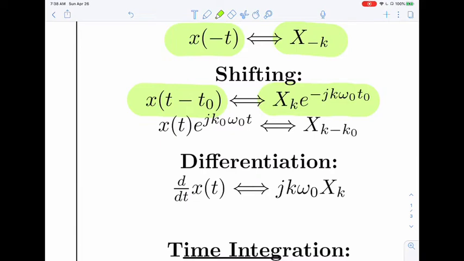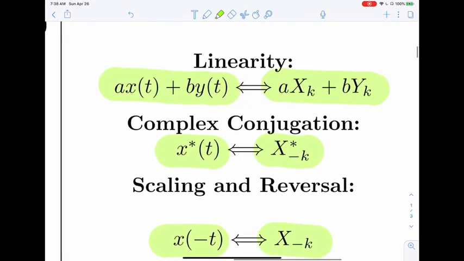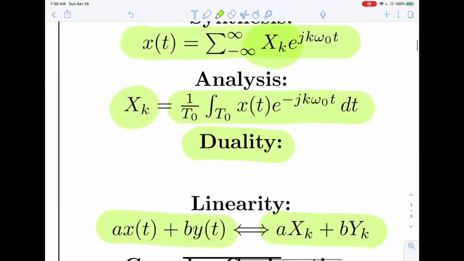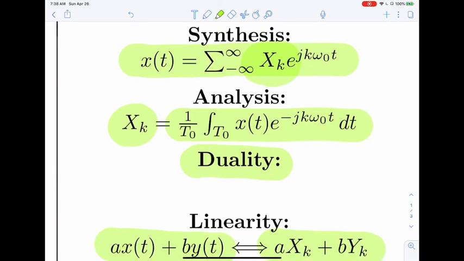We can also shift our frequency domain variable, so x of k minus some k naught. And what happens is we get multiplication by an exponential in the other domain, in the time domain. This is a very common kind of behavior that we see in Fourier, and that is related to this earlier statement of duality. Duality is really a principle that says there's some structural similarity between the analysis and the synthesis equation.